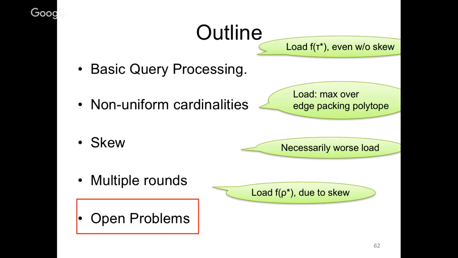But in that case, the lower bound will be much lower than what he is going to present. And I think we kind of understand there what the optimal cost is, but we don't understand it beyond very simple path queries, how to improve the load even for permutations.